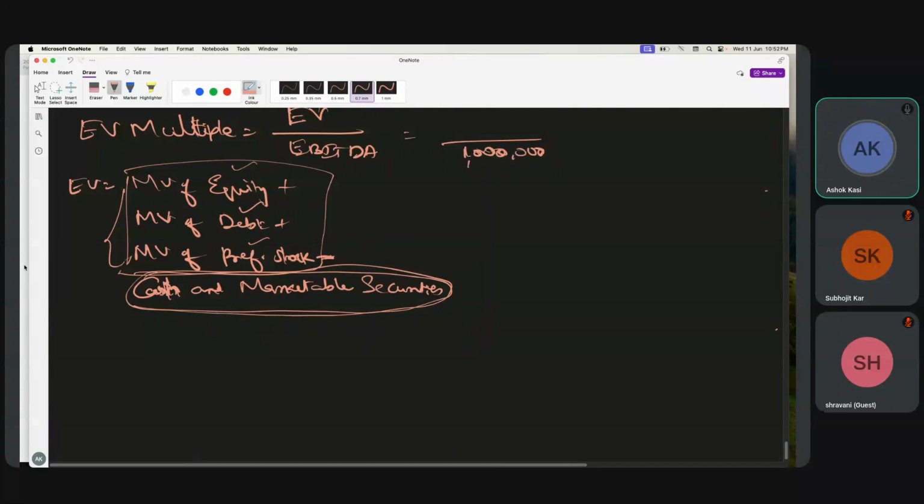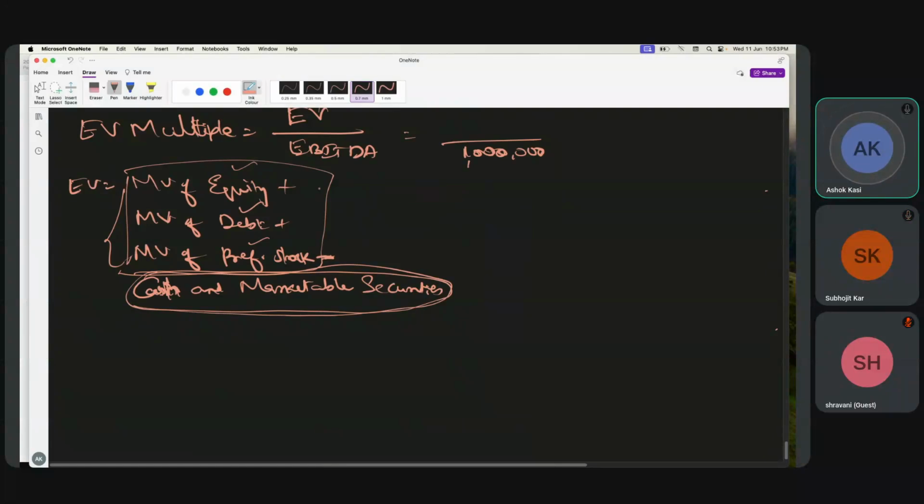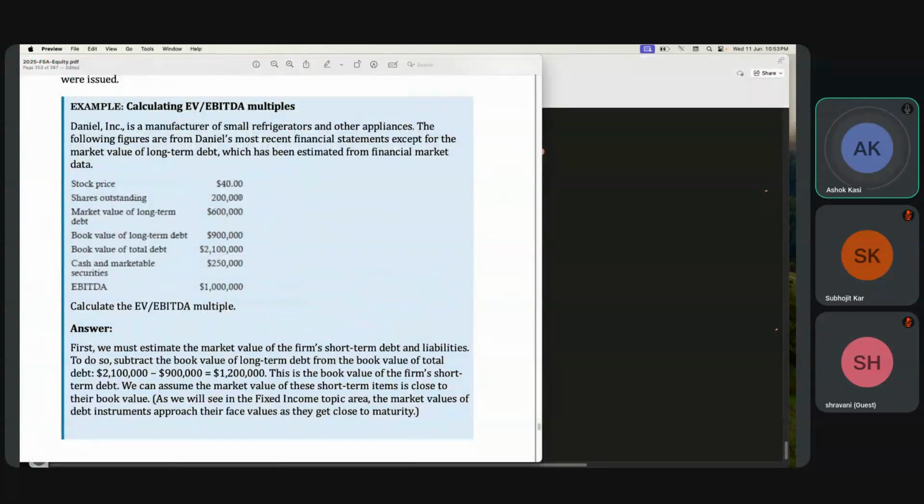Market value of equity. Okay, market value of equity is this one, 40 into 200,000. This is the market value: number of shares into price per share. Then market value of long-term debt.